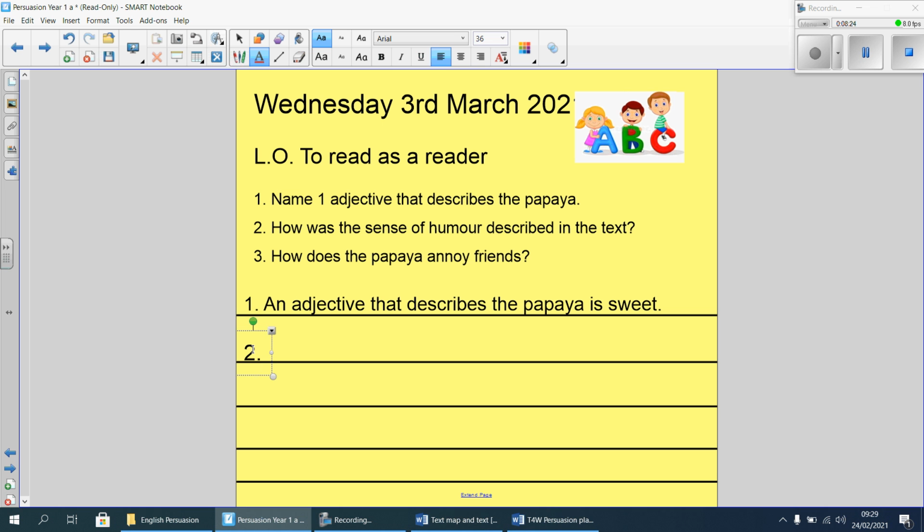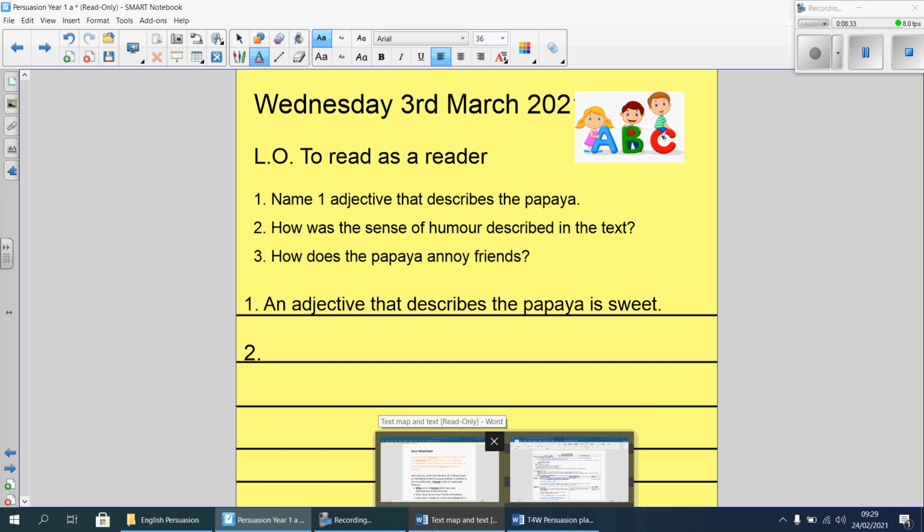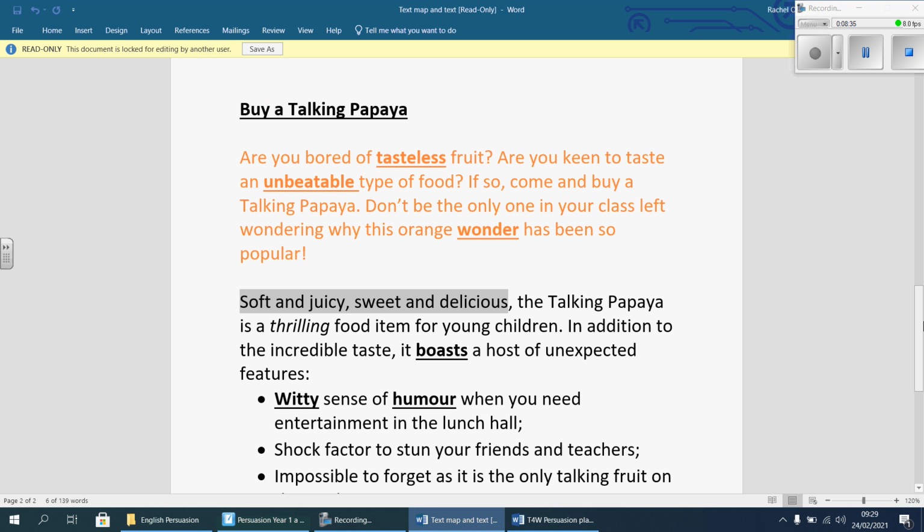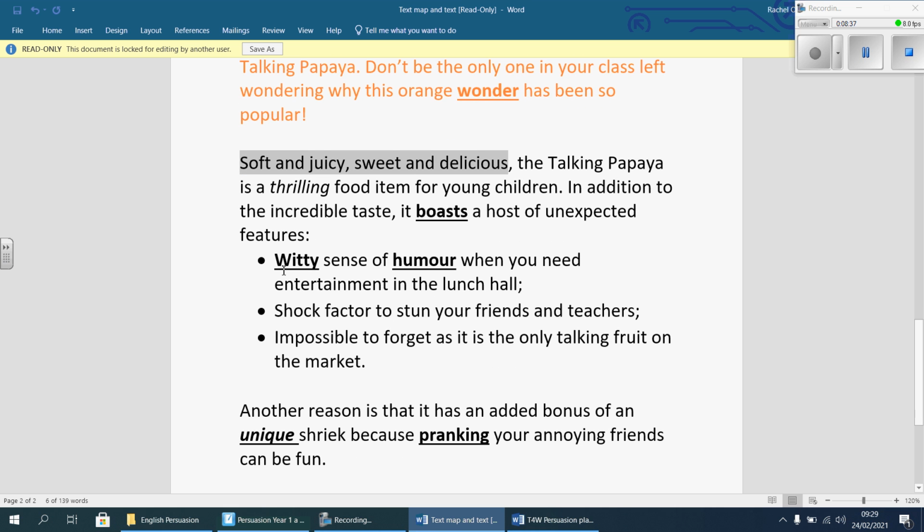Number two, how was the sense of humour described in the text? Have a look at the text. How did they describe the sense of humour? Here it is, a witty sense of humour when you need entertainment in the lunch hall.